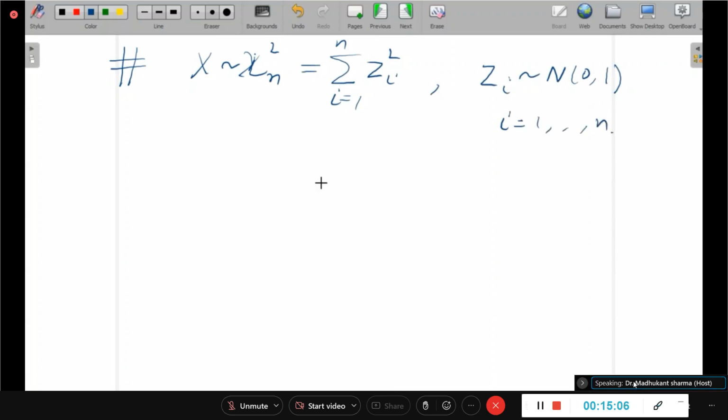To identify the density, whether it is a special type of random variable that we already know, first we will try to identify the moment generating function.